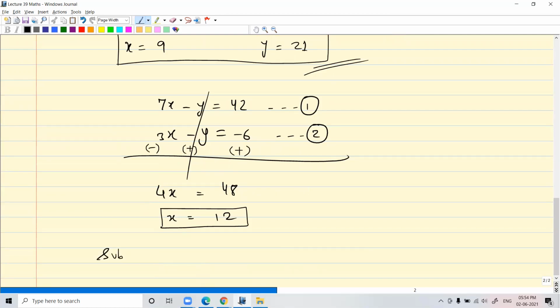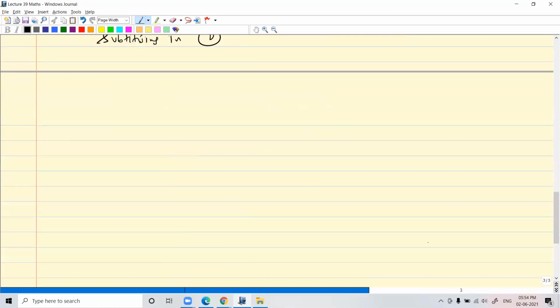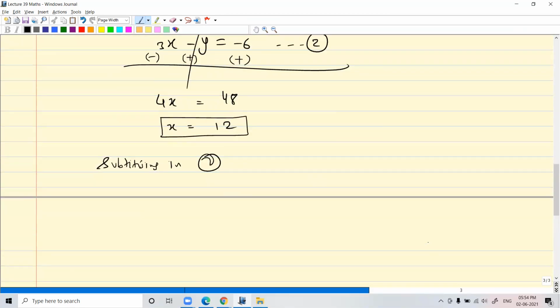So substituting into it, what do we get? 3 times 12 minus y is equal to minus 6.